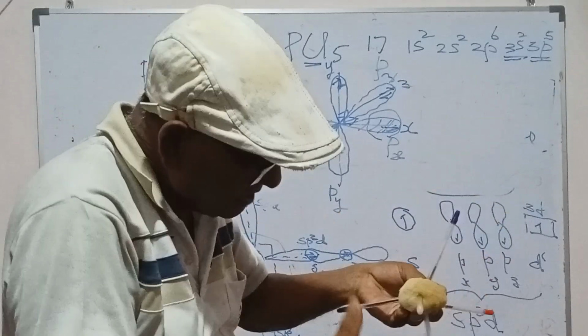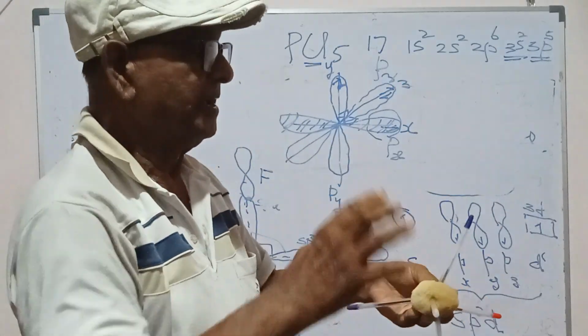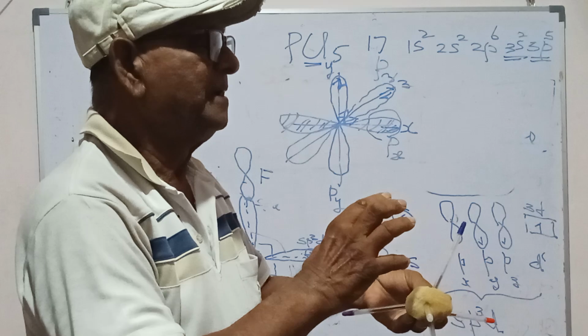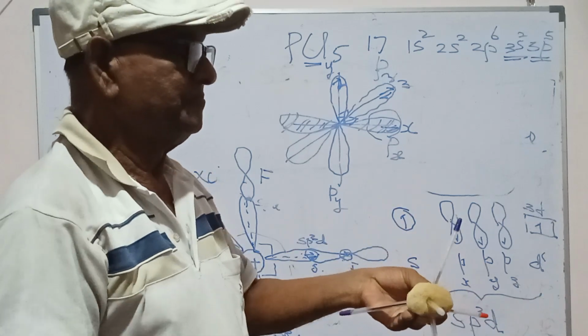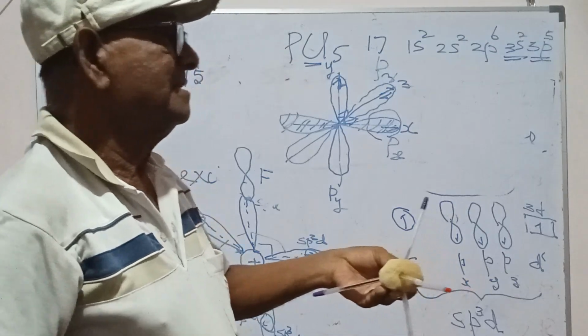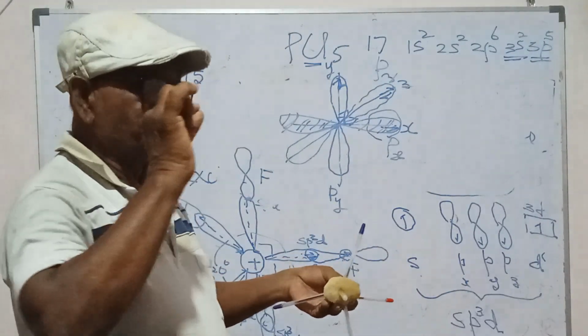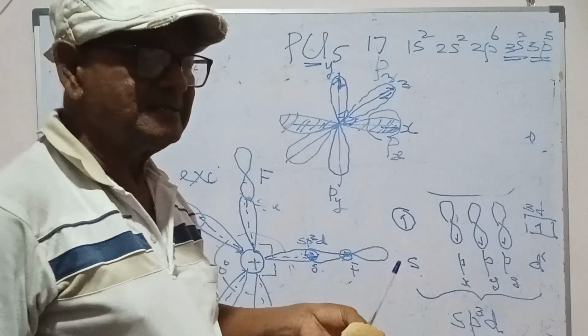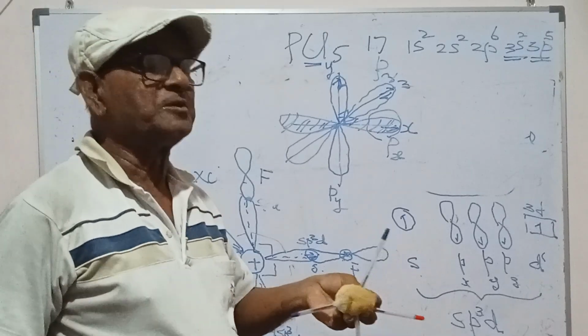So the shape of the molecule is also trigonal bipyramidal, right? This is the fourth type of hybridization related with the phosphorus atom, right?